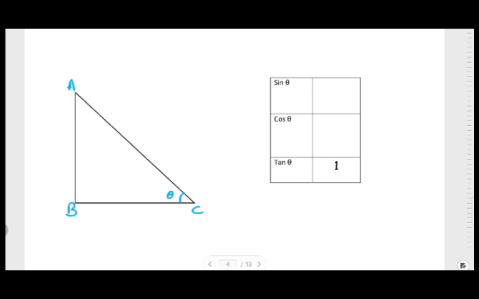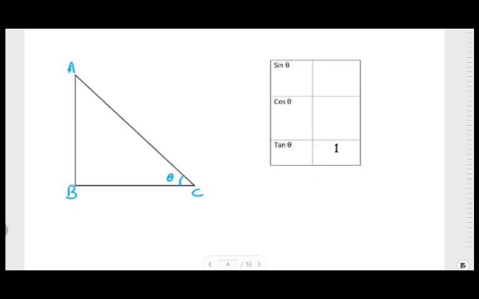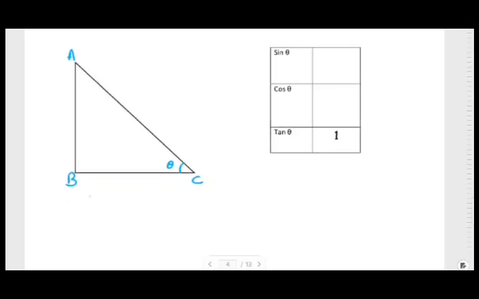Okay. Now what do I do? Tan theta is opposite upon adjacent. What's my opposite? Side out here, which is AB, upon what is my adjacent side out here, BC.